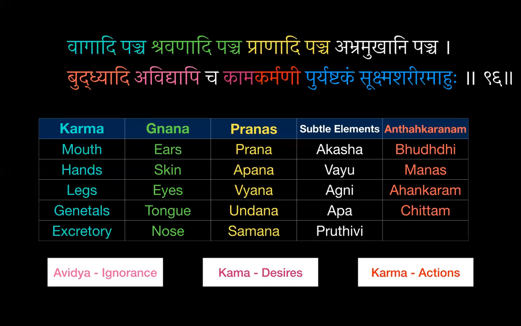So ignorance is the mula karanam, and ignorance leads to kama, thinking that whatever the things that we desire are going to complete me. But alas, it is not going to complete us.